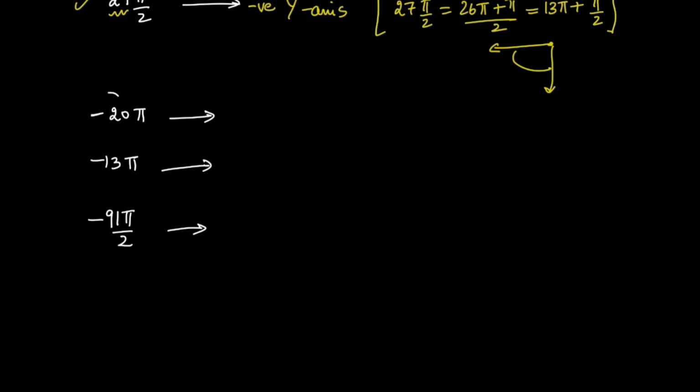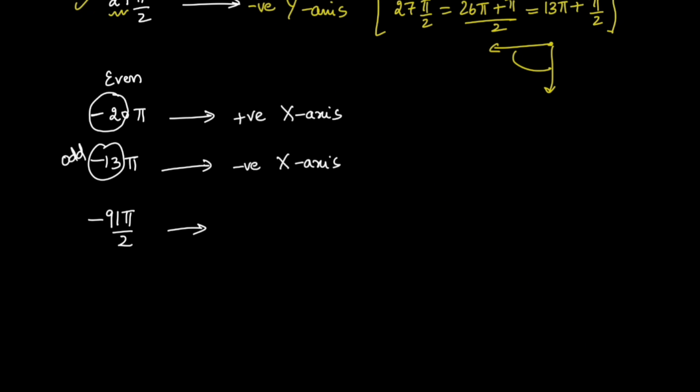For minus 20 pi, minus 20 is also an even number into pi, terminal position would be along the positive x-axis. Minus 13, which is an odd number into pi, terminal position would be along the negative x-axis. Minus 91, which is an odd number into pi by 2, so terminal position would be along the y-axis.